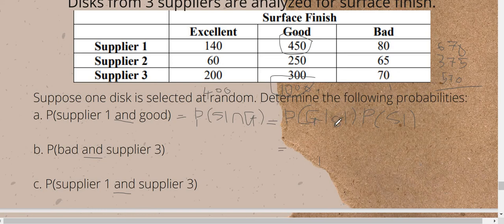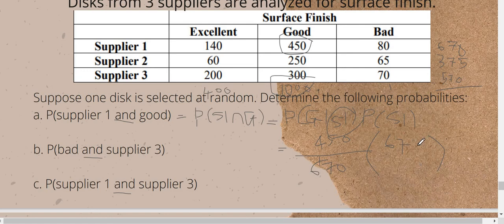For G given S1, it will be the same, because G given S1 is still 450. But now you will not divide by 1000, because now you divide by the probability of S1. So what is the probability of S1? It is 670.